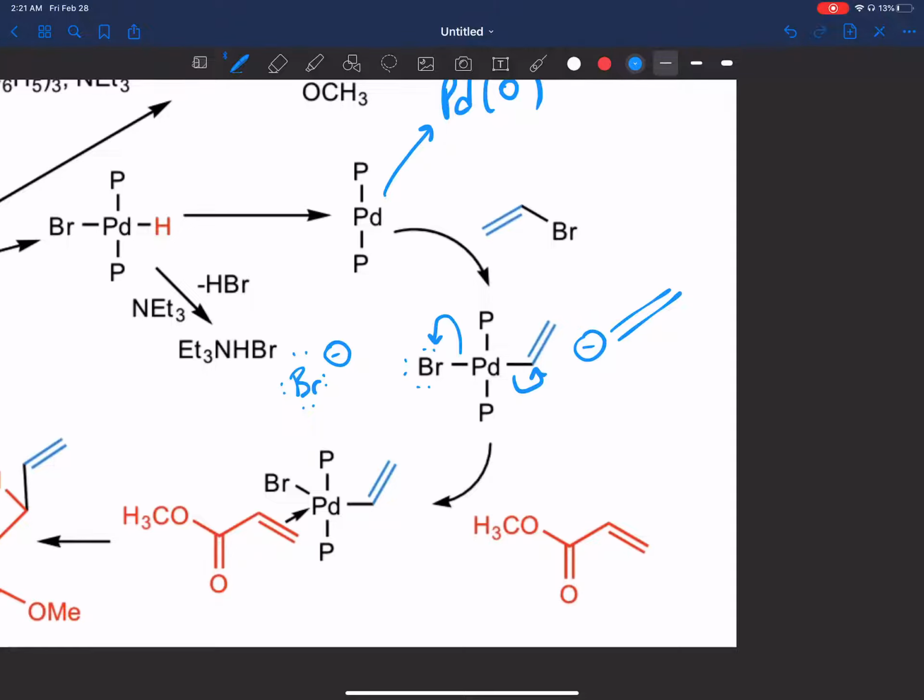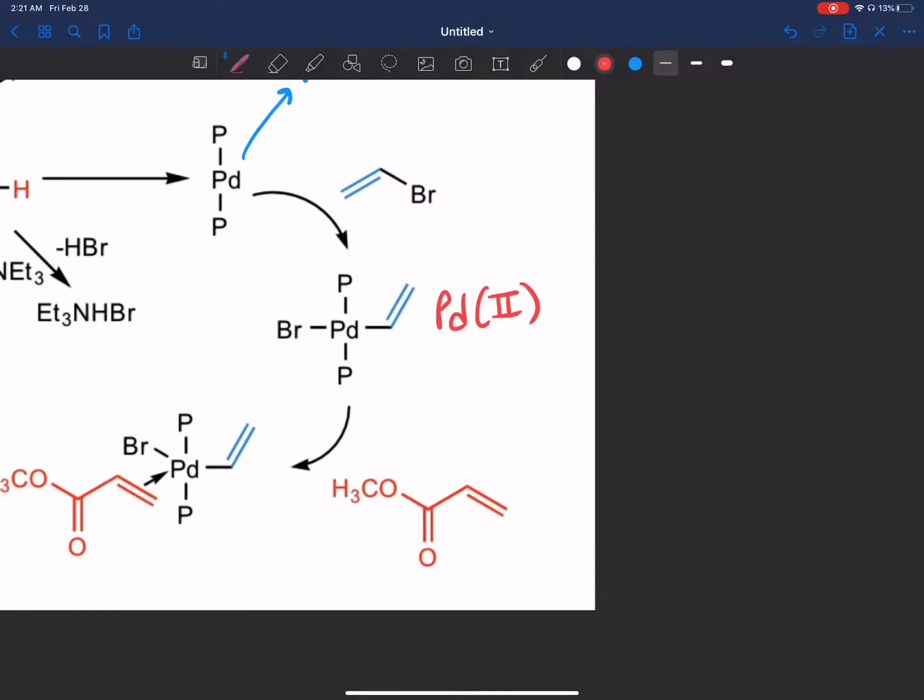Again, another -1 charge. That means my total is -2, and therefore the oxidation state of my metal in this case is going to be +2. So palladium, let's do that here, it's going to be Pd(II), right? You can write Roman numerals or +2, same thing.